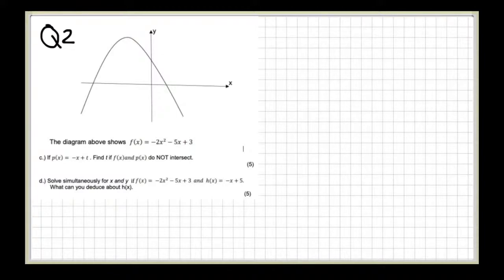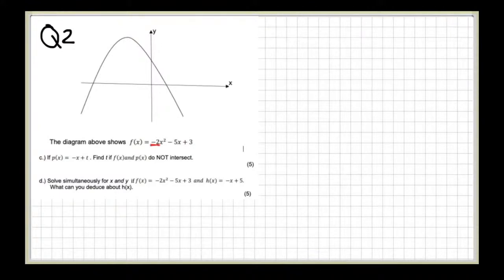Now, this question reads, the diagram above shows f of x equal to negative 2x squared minus 5x plus 3. Now, please just hold back before you run into this question. Before I actually do anything, I love to interpret anything that I know about f(x).